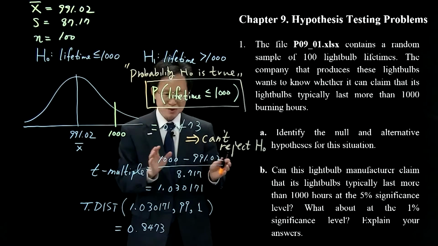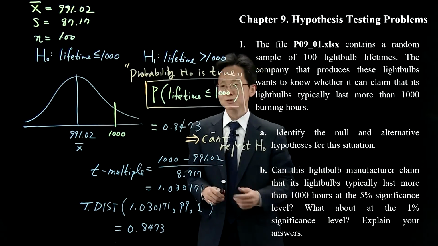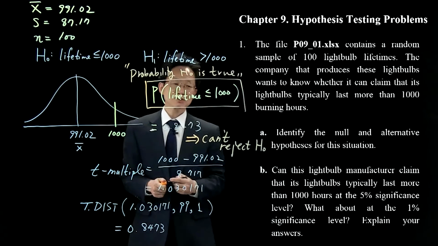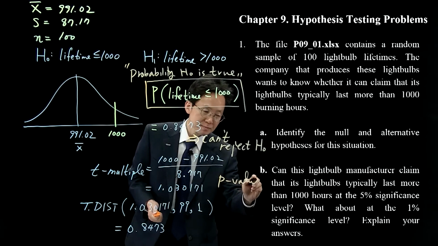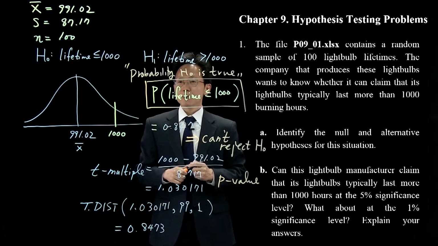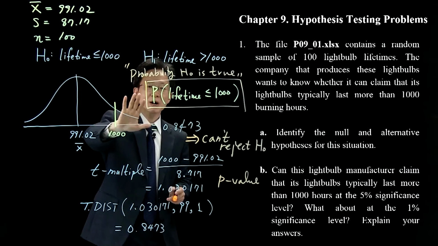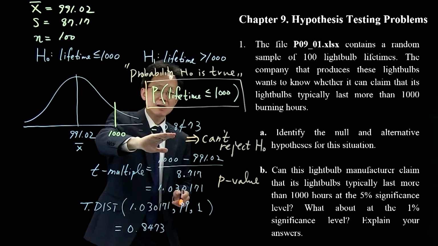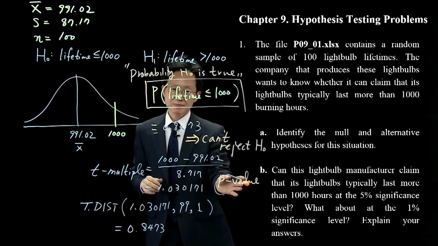So I will talk about this significance level a little bit further. But in order to understand this significance level, 5% significance level, first we have to understand the concept of a p-value. Actually, the p-value of this hypothesis testing is 0.8473. That's the p-value.